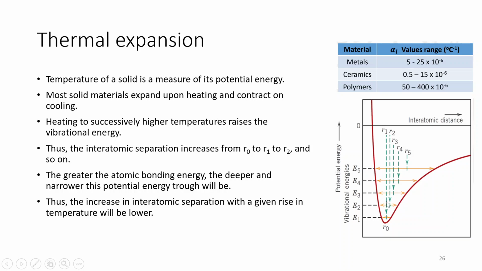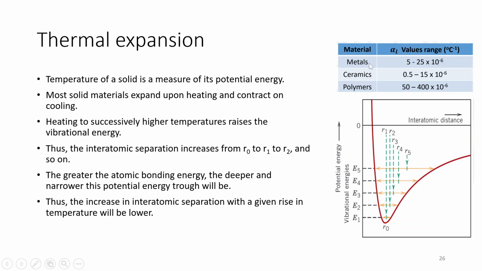In that case, the elastic modulus will keep on increasing as you go downwards, and the expansion will be lesser in case of ceramics. Thus the increase in interatomic separation with a given rise in temperature will be lower.